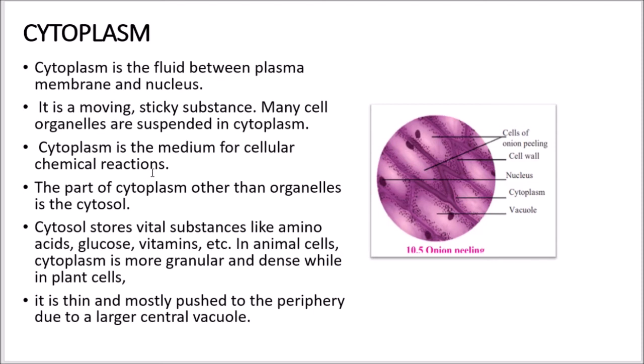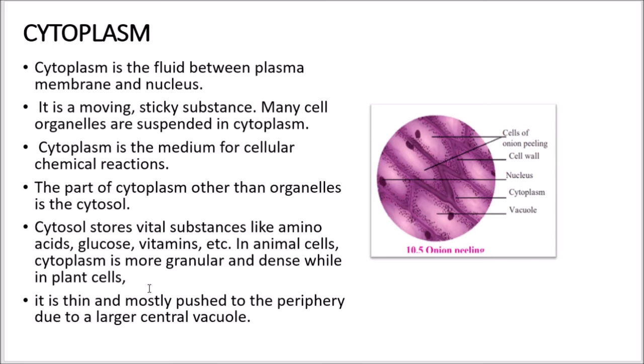All the reactions are carried out in the cytoplasm. The part of cytoplasm other than organelles is the cytosol. In spite of the organelles, whatever fluid part is there is called cytosol. Cytosol stores vital substances like amino acids, glucose, vitamins, etc.